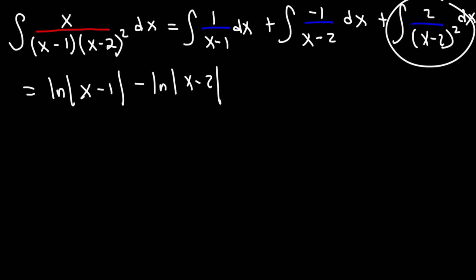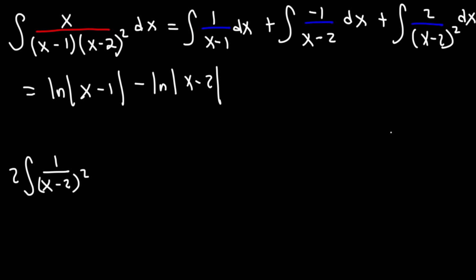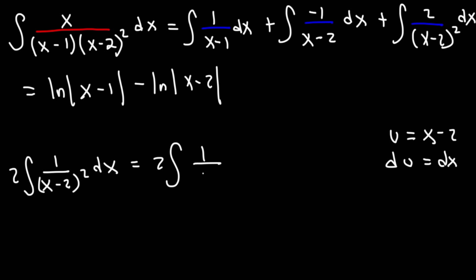For this one, we could use u substitution. So I'm going to rewrite the expression as 2 times the integral of 1 over x minus 2 squared. So we're going to make u equal to x minus 2, du is going to equal dx. So this becomes 2 times the integral of 1 over u squared du. Moving the u variable to the top, this becomes 2 times the integral of u to the negative 2.